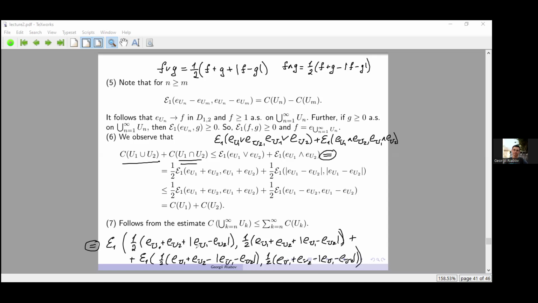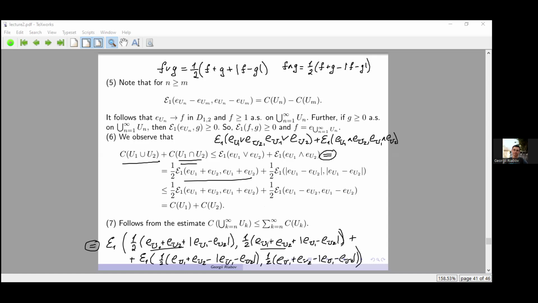And now let's expand this by linearity of E1 in each argument. We will have twice 1/4 E1 of the sum, which will be this term.